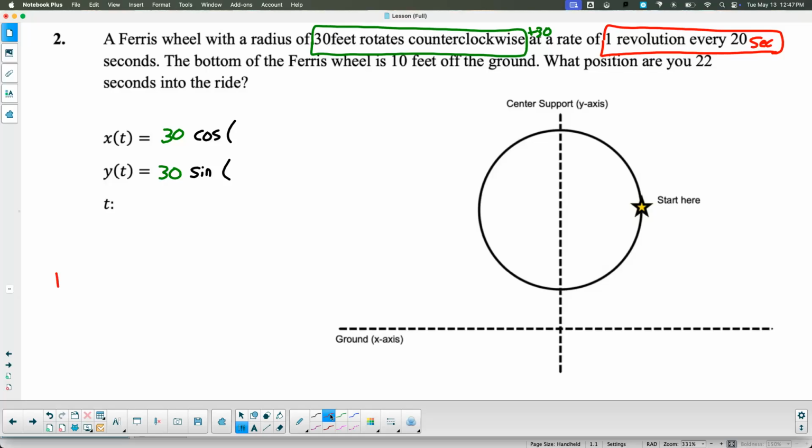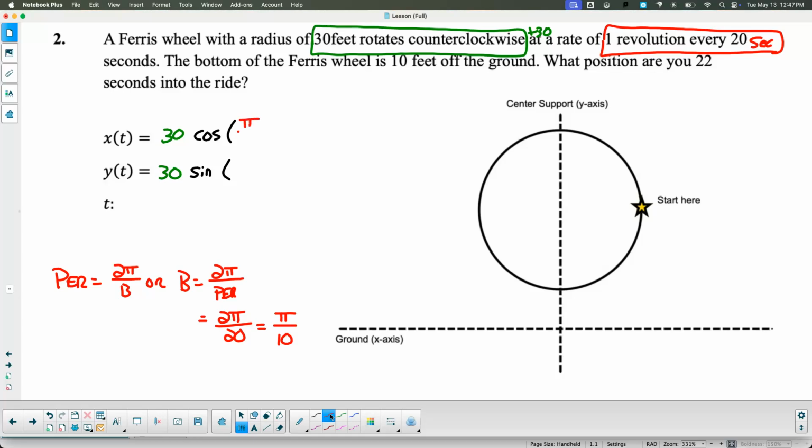So my period is equal to 2 pi over b, or b is equal to 2 pi over my period. Well, if my period is 20 seconds, then that's 2 pi over 20, which reduces to pi over 10.